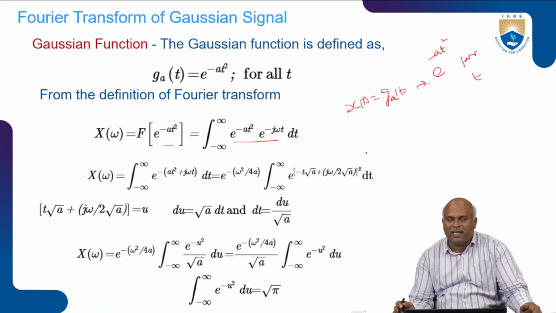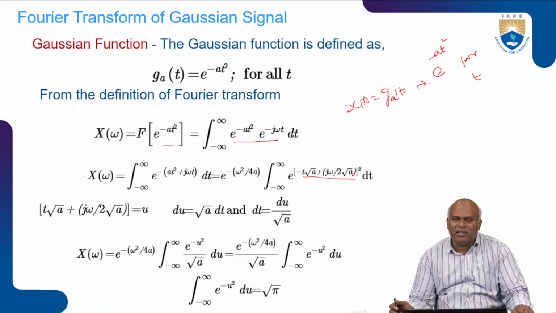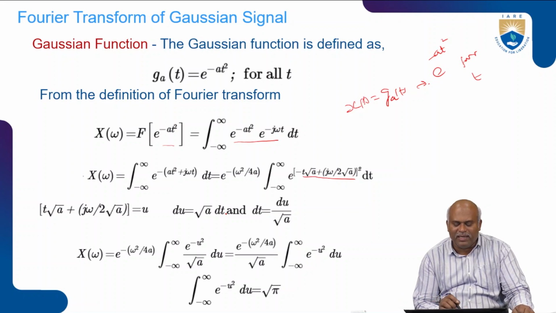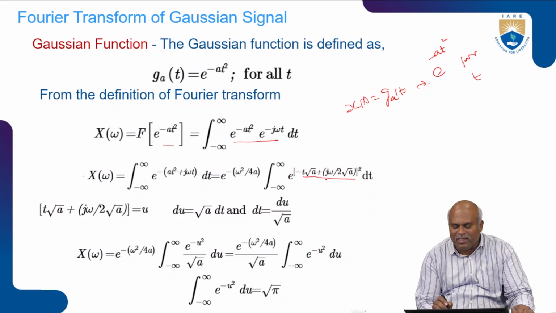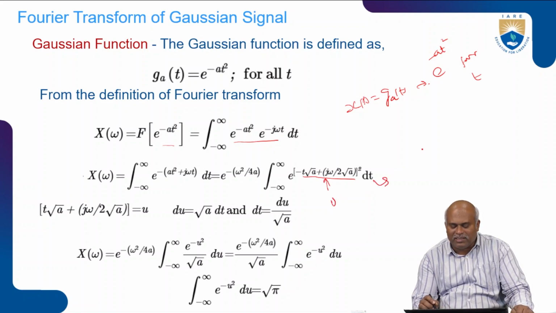That whole square here I take as the mod value because both the negative as well as the positive are present. Now in this case, this term I take as u, then du is equal to root of a dt. So in this case you should substitute here: this term I substitute u, and for dt I substitute du by root a.